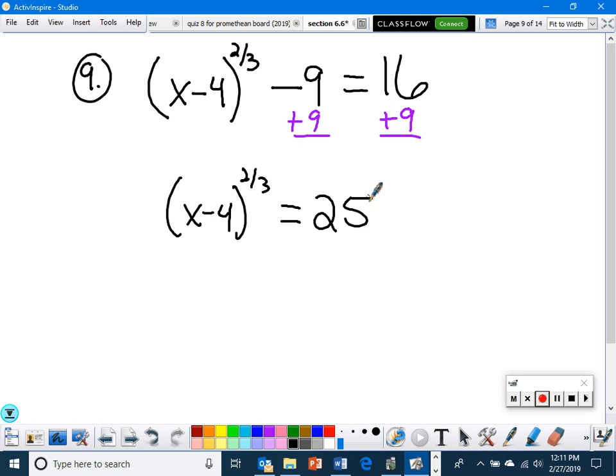Now, to get rid of the 2/3, we're going to use the reciprocal, which is 3 over 2. Remember, what you do to one side, you do to the other. On the left side, those cancel out.